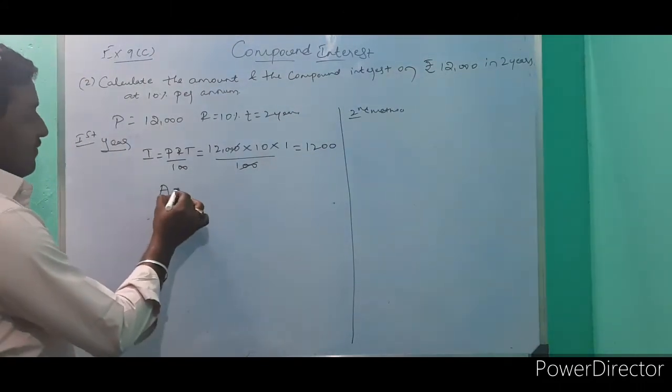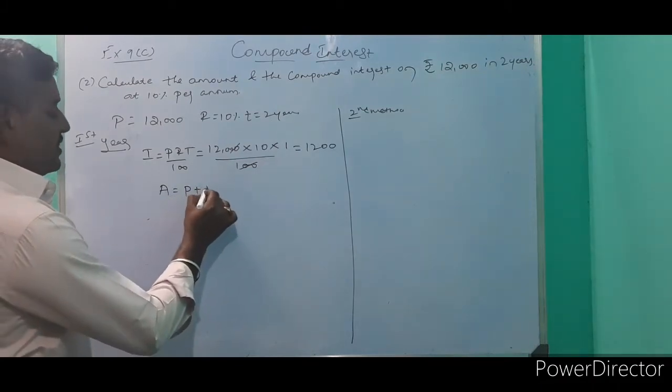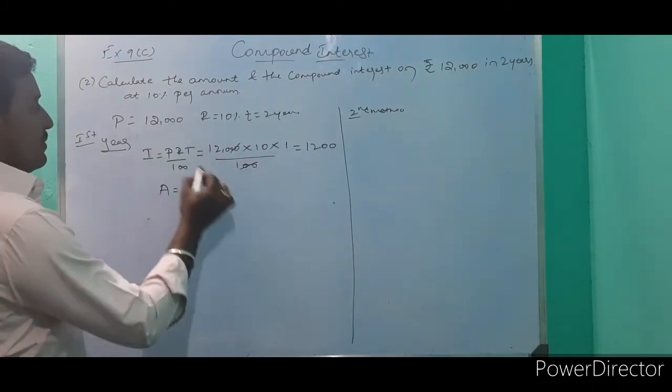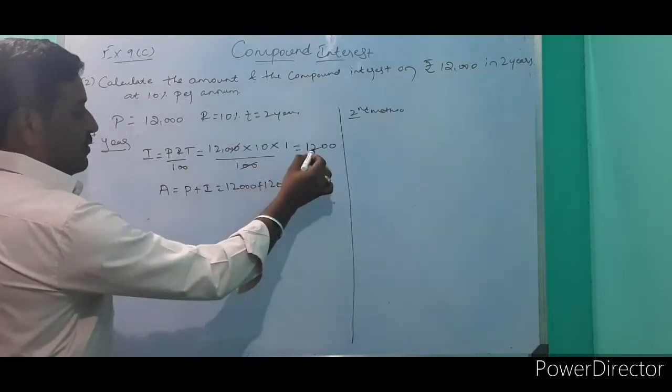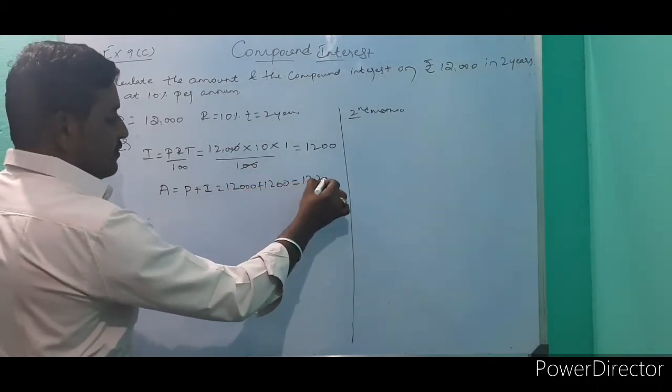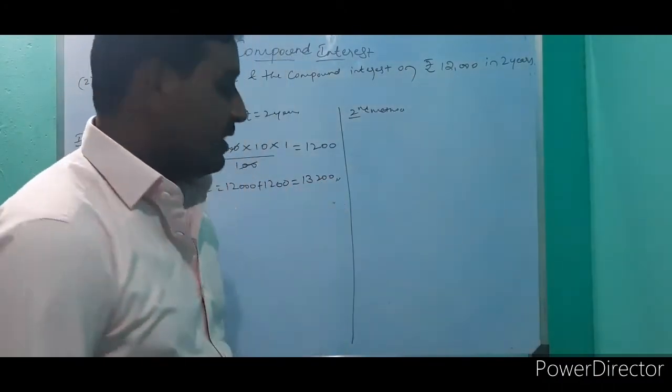After finding that, first you find the amount for the first year. Amount is equal to principal plus interest. What is the principal? 12,000 plus the interest, 1,200. That is 13,200, the total amount for the first year.